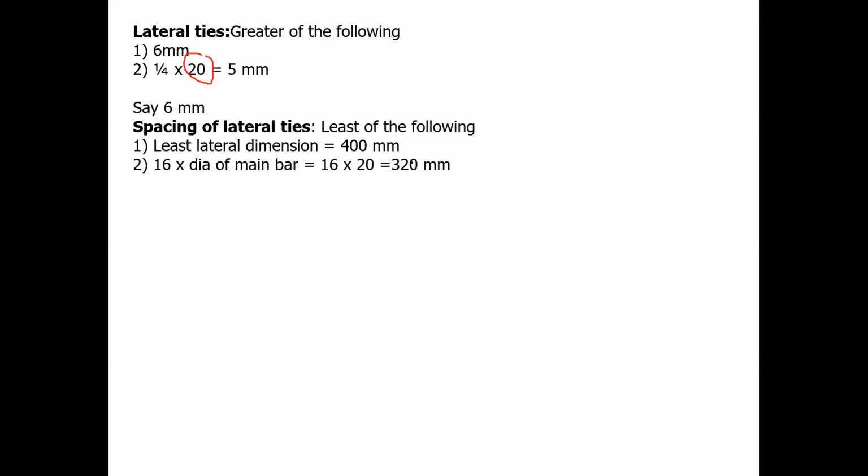Second one, 16 times the dia of the main bar. And third condition is 300 mm. So among these three, the minimum is 300 mm. So you have to consider the 300 mm. Take down, therefore provide 6 mm dia at 300 mm center to center.